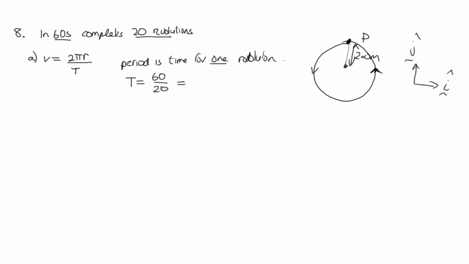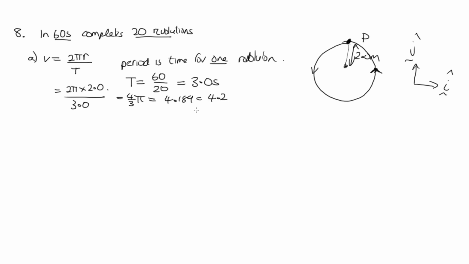So when we divide 60 by 20, we end up with 3 seconds is the period, so how long it takes to complete 1 circle. So then we can say, well, 2 pi times 2, which is the radius, divided by 3. We could write this as 4/3 pi, or we can evaluate that, and when we evaluate it, we end up with 4.189, which we can give to 2 significant figures as 4.2.